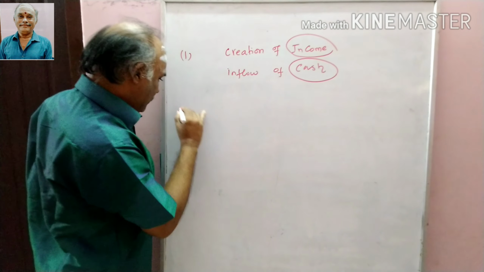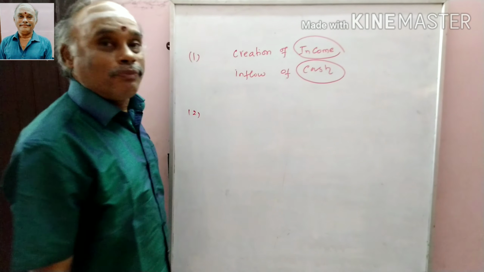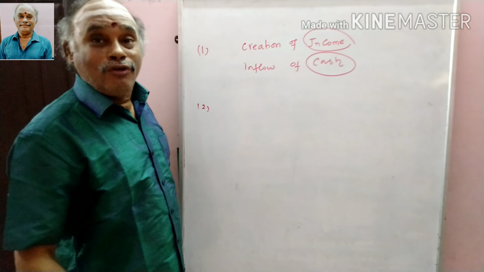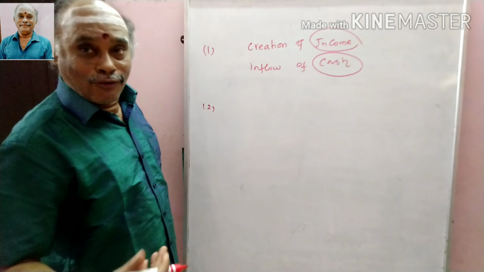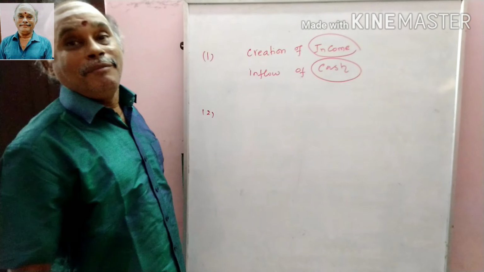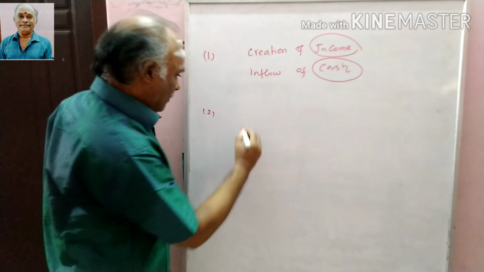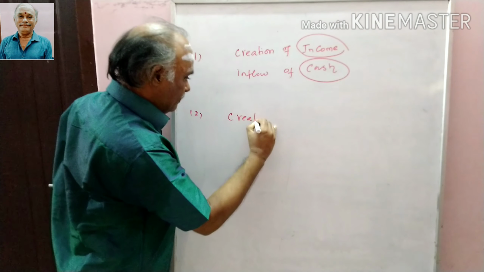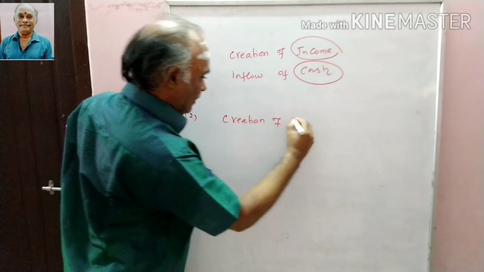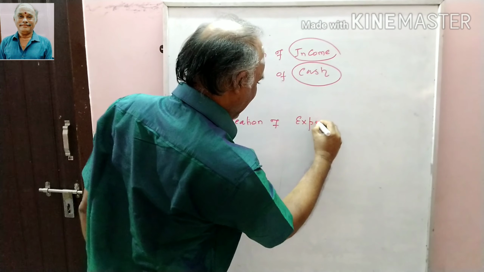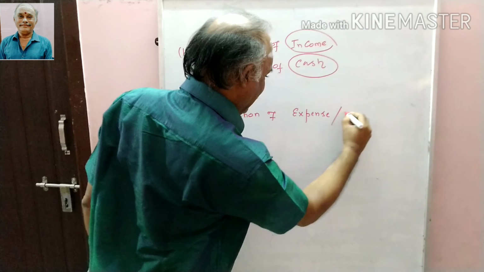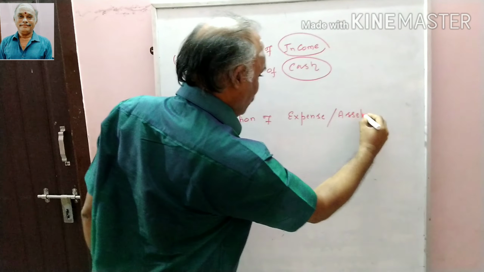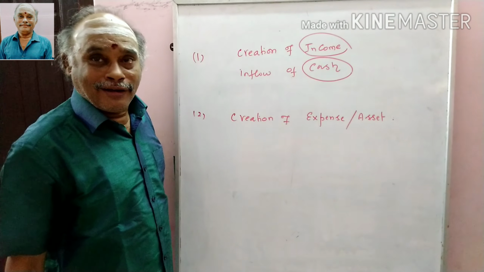At the same time, cash transaction number 2, where purchase of goods or receiving the services rendered by others, ultimately here creation of, I say, expense as well as, you can understand, asset also. So what is an asset and what is an expense?